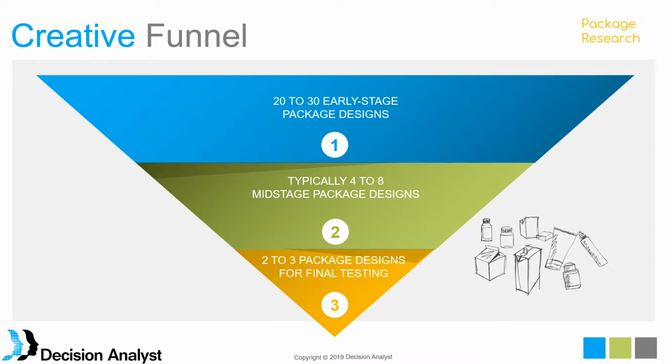And then once you go through that initial screening, you're at the second level, what we call the mid-stage of package design. You may be down to as few as 4 to 8 or 5 to 10 packages at this level. And then at the final stage, hopefully we've reduced it down to the 2 or 3 best package designs.